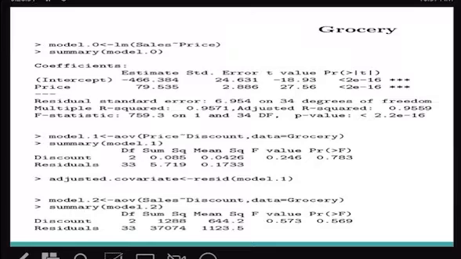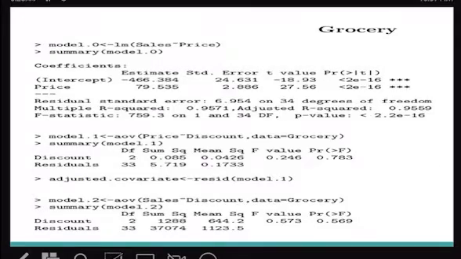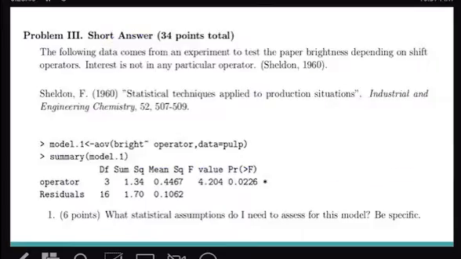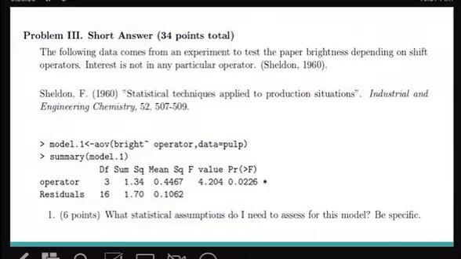But let me tell you this. If you look at the second one, price on discounts, and go back, the predictor variable was whether the amount of discount affected the sales. Sales is the response. Take note of that.